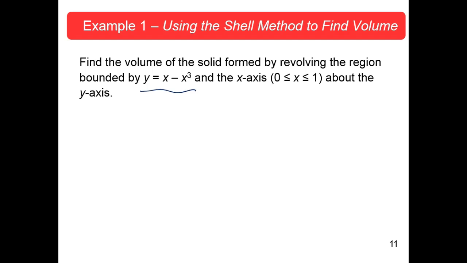All right. I really don't want to draw the graph, but I guess I've got to. y is equal to x minus x cubed. When x is 0, y is 0. When x is 1, y is 0.